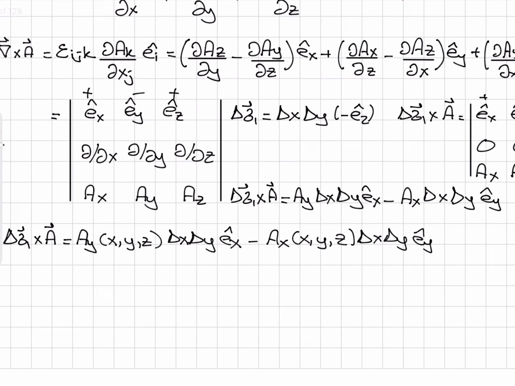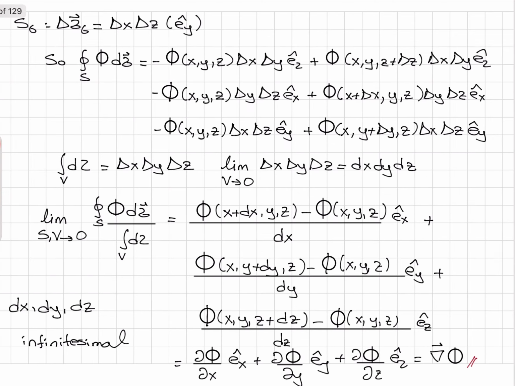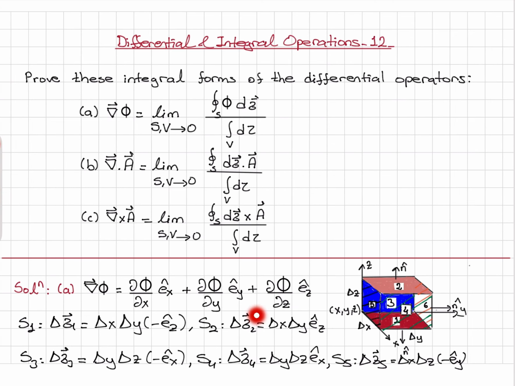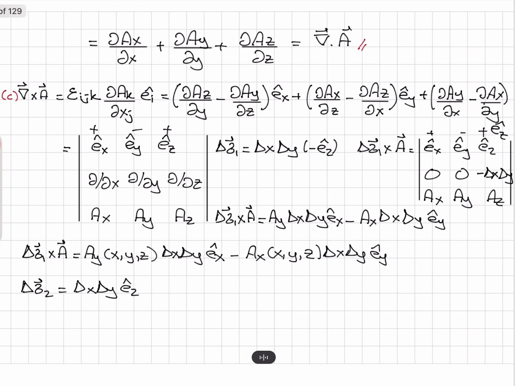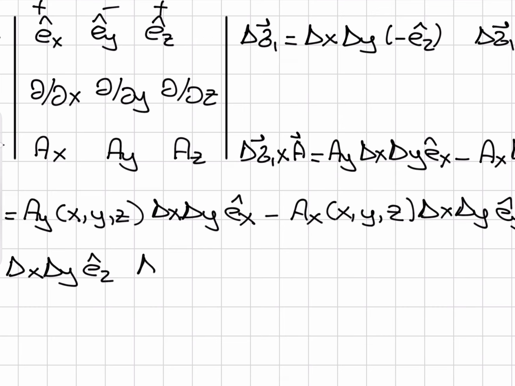I continue with this for delta sigma 2, which is the second surface. That's also delta X, delta Y, but now this is in EZ hat direction. Let's recall the second surface. I have this area vector. Okay, and what is delta sigma 2 cross product with vector A?